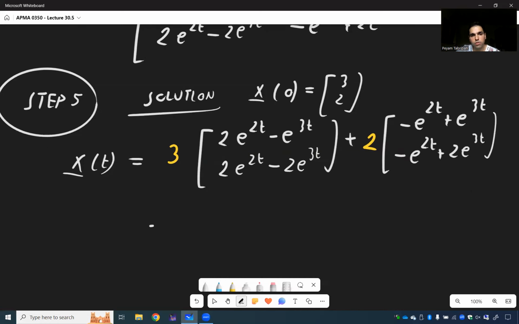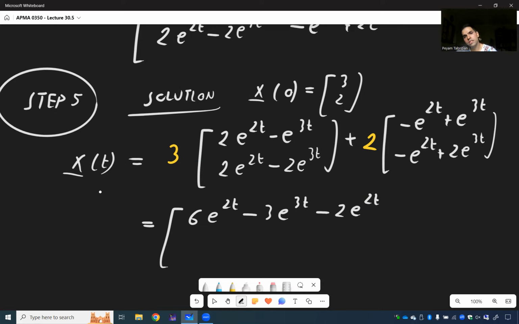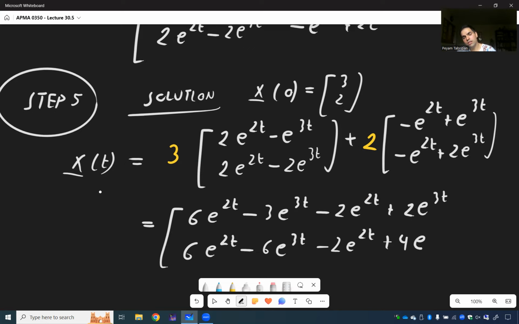So this becomes 6e to the 2t minus 3e to the 3t minus 2e to the 2t plus 2e to the 3t, and then 6e to the 2t minus 6e to the 3t minus 2e to the 2t plus 4e to the 3t.